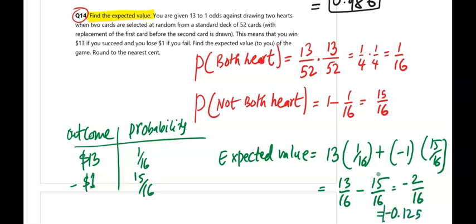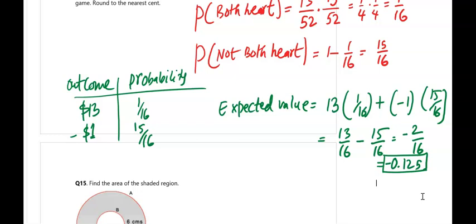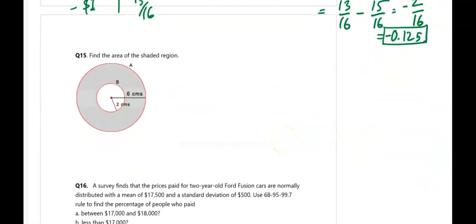So the expected value is -0.125. In other words, if you play such a game 100 times, you will expect to lose $12.50. That's what it means. Okay, that's question 14.